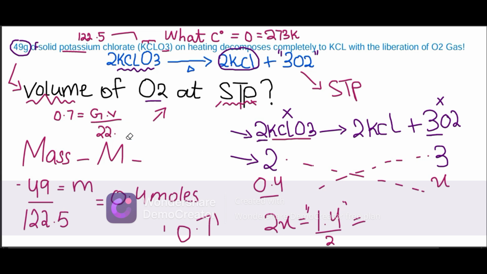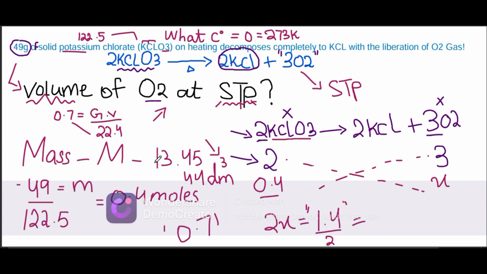Let me just correct this, I just messed up. Multiplying both of them gives somewhere around 13.45, and the unit will be dm cube, which is our unit for liter and volume.